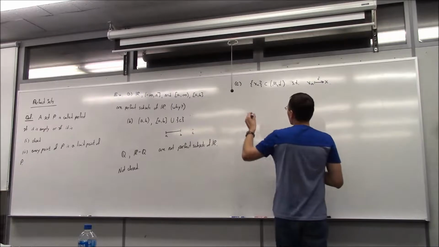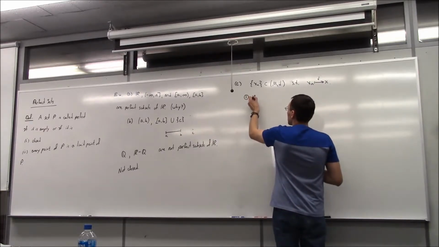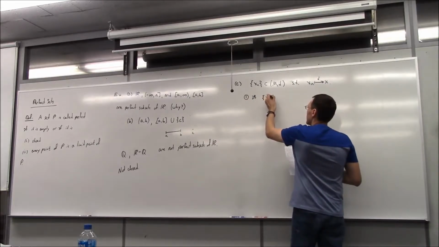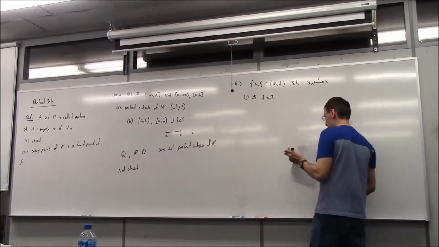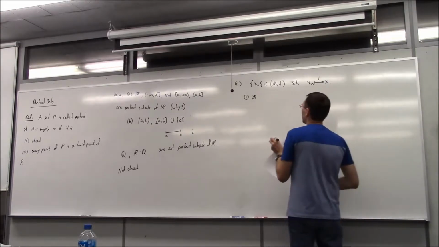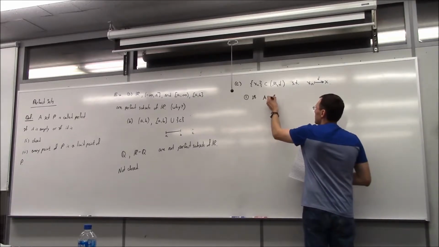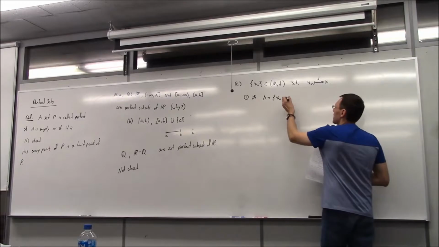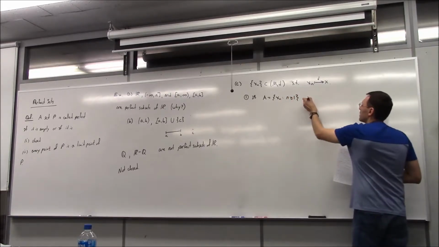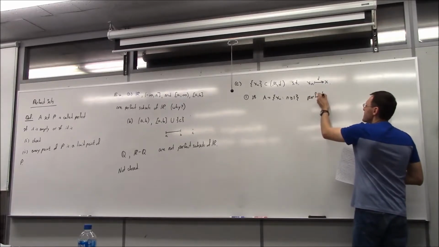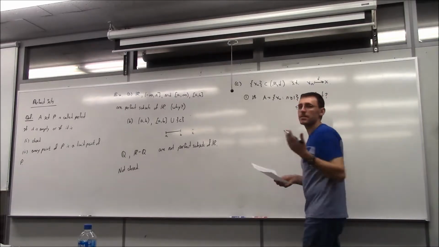So, first question, maybe I can just write it as a set, the set A, which is xn such that n is bigger than or equal to 1. Is it perfect?